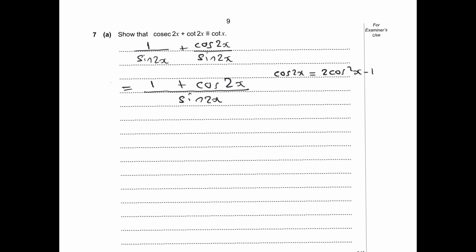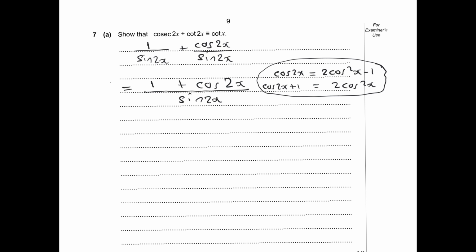Because we want to make 1 plus cos 2x the subject of the formula, we just need to take minus 1 to this side. So what are we going to have? We're going to have 2 cos squared x is equal to cos 2x plus 1. So that's the identity that we need to use there.